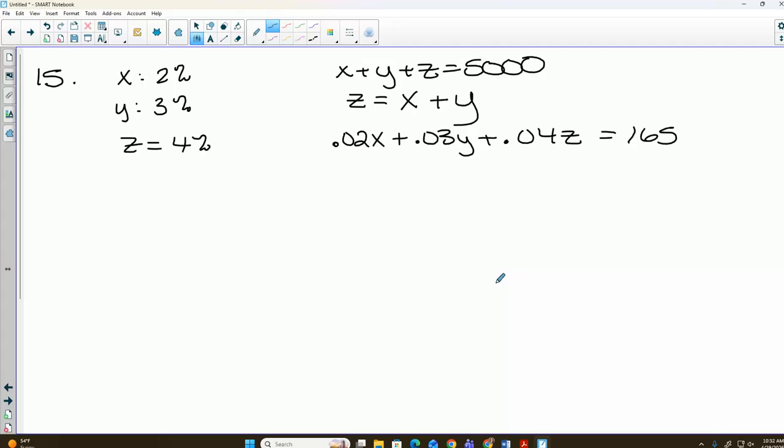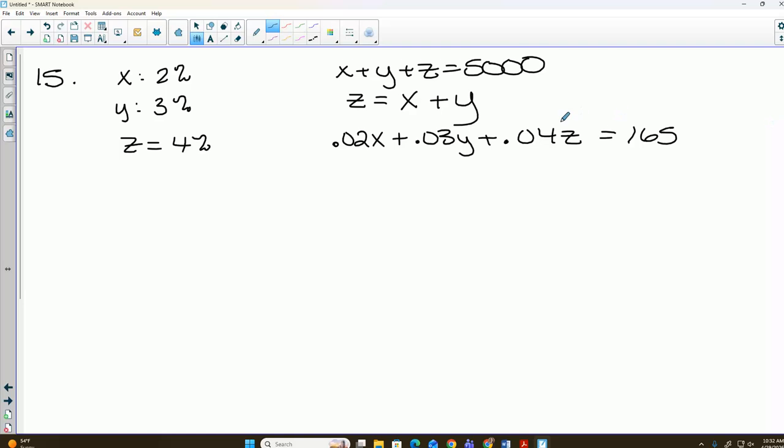So we can do substitution, elimination, whatever we would like. If I wanted to, what do you guys want? Did you do substitution or elimination? Substitution.